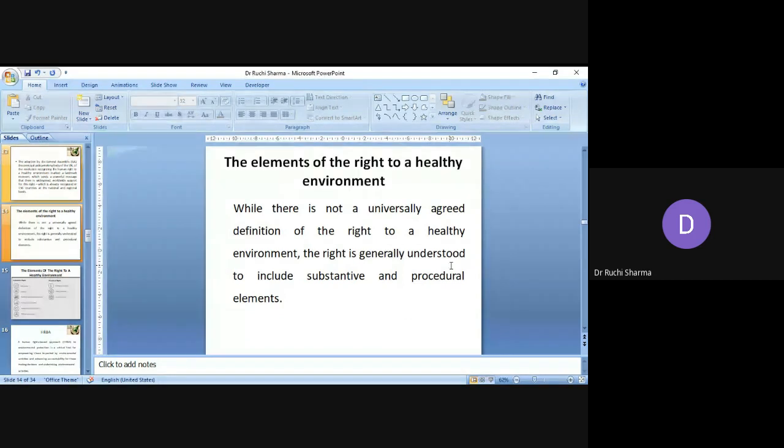Now, when we're talking about a healthy environment, what are its elements?